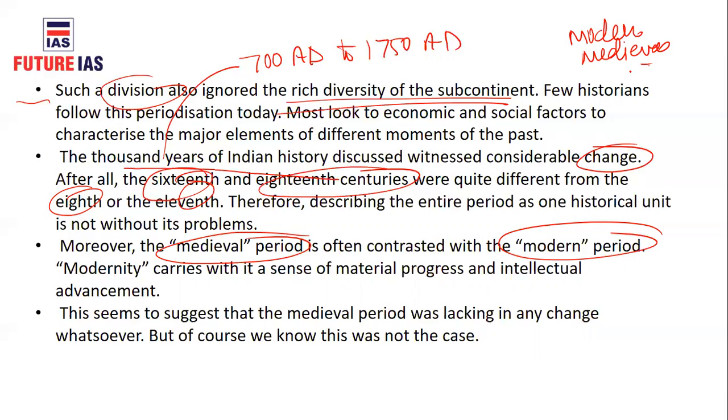First of all, modernity carries a sense of material progress and intellectual advancement that we made through various means. So modernity is related to that. But ultimately it is a history of India. So that is the context in which we use the medieval and the modern, which has led to the sense of material progress and intellectual advancement.